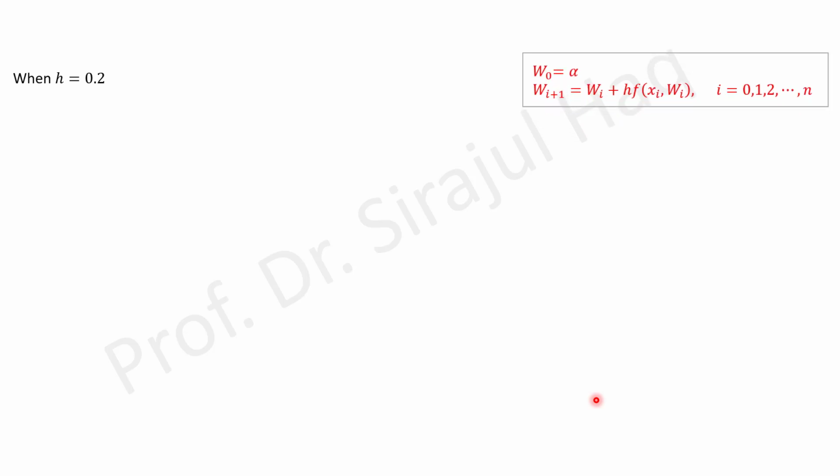The same problem I am considering with a slight modification: use the step size h is equal to 0.2. This is your Euler method, but this time the step size h is 0.2. The domain was from 1 to 3, as you saw in the previous example. So there were 4 mesh points.